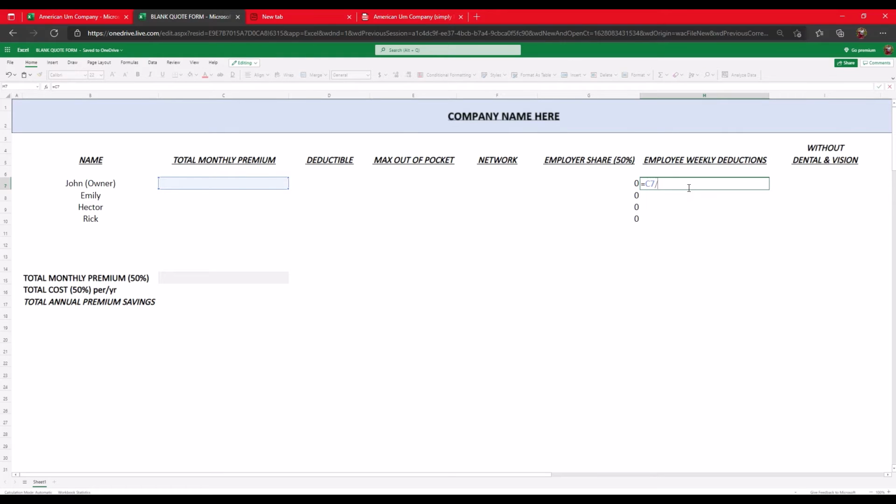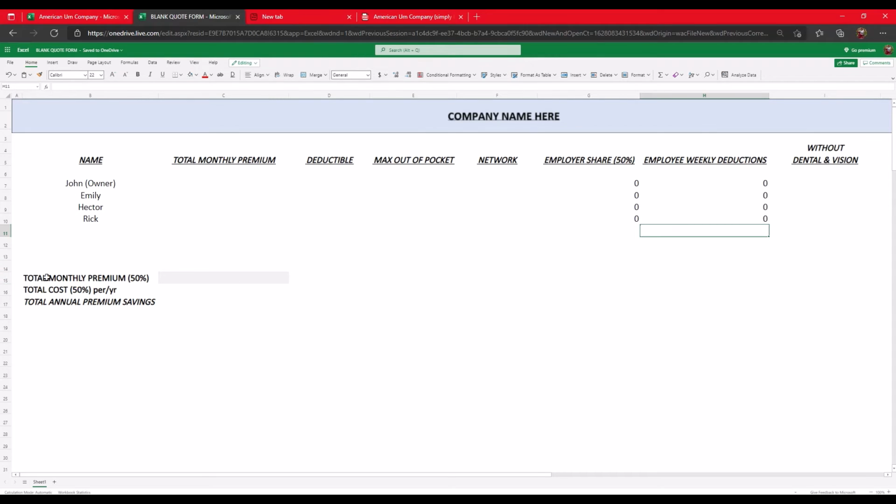So C7 divided by 4, C8, equals C8 divided by 4, equals C9 divided by 4, equals C10 divided by 4.